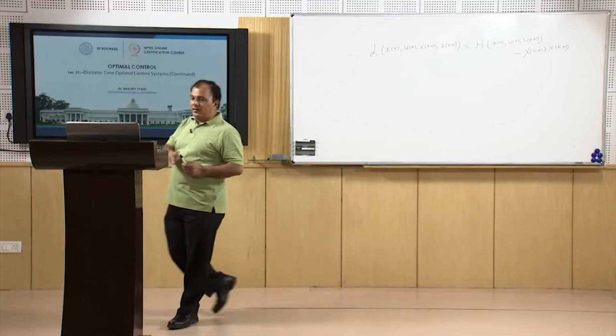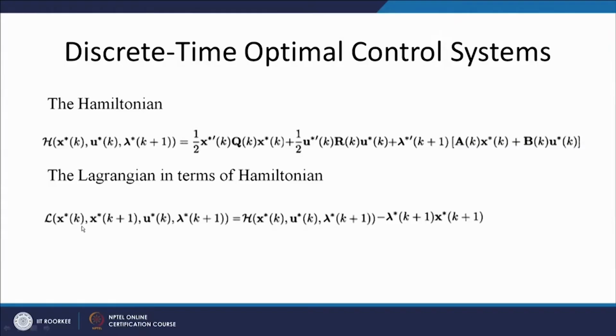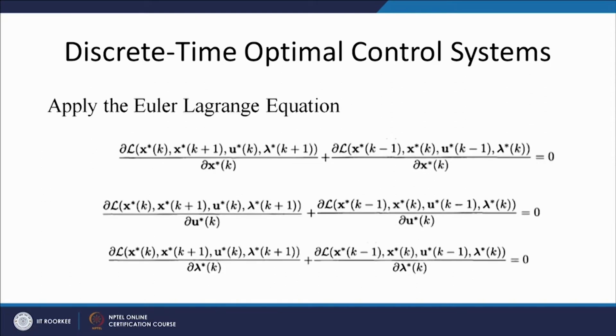So, we will have this value because lambda x of k plus 1 is separated out from the h, as we can see from this. No x k plus 1 term appears in the Hamiltonian. So, now this L in terms of the h we can use in these equations.